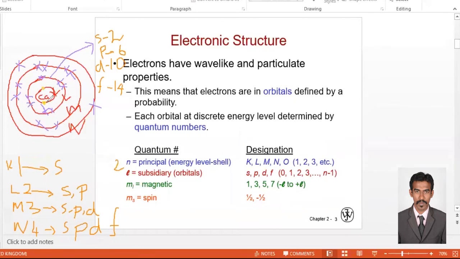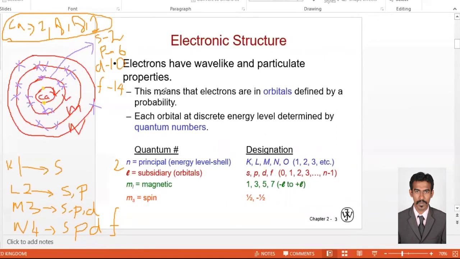This is why we write the atomic structure of calcium as 2, 8, 8, and 2. You might already have written it this way, so you know this way, but now I am saying why we are writing it that way.